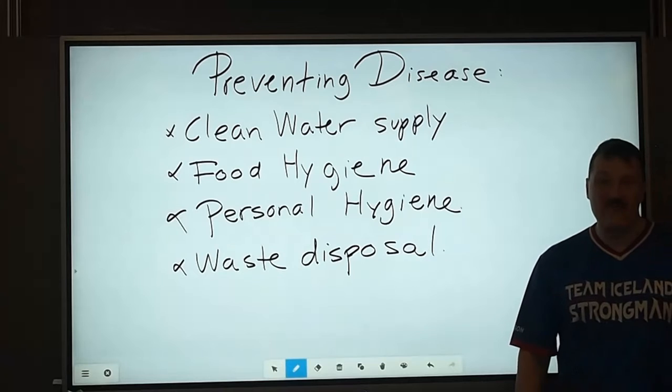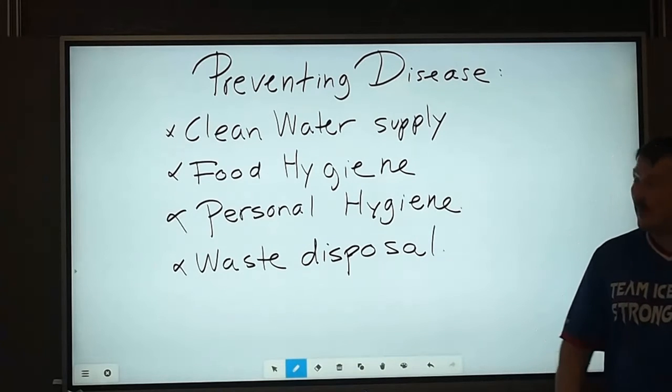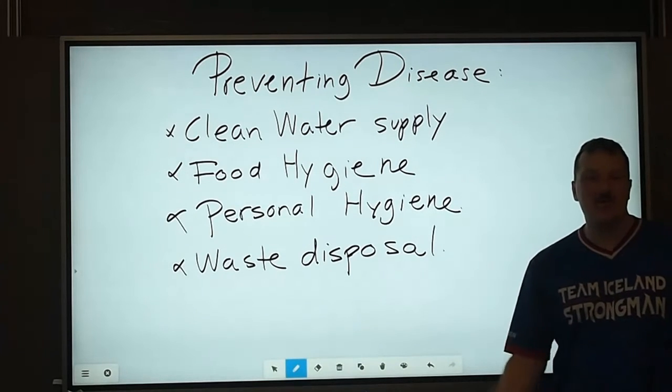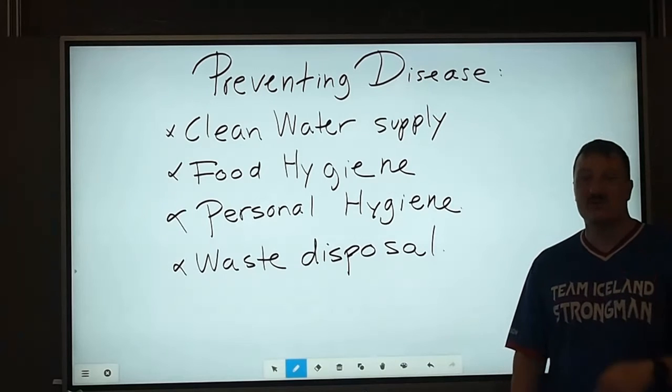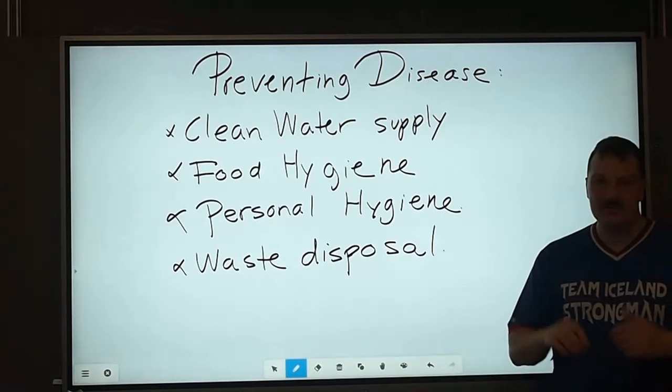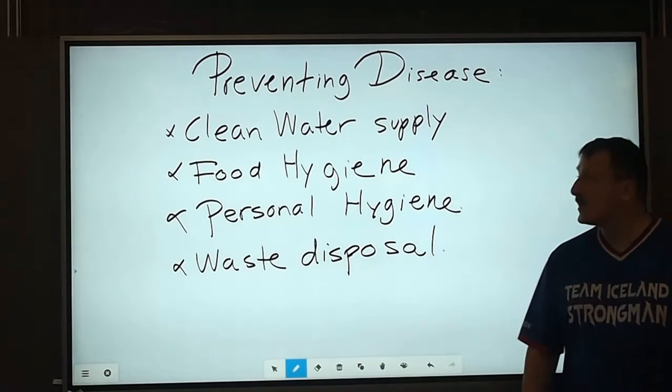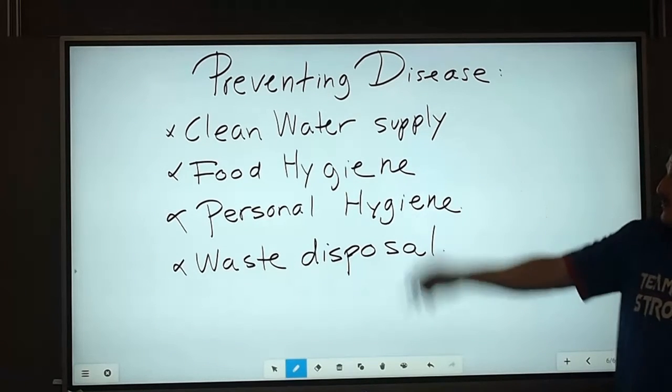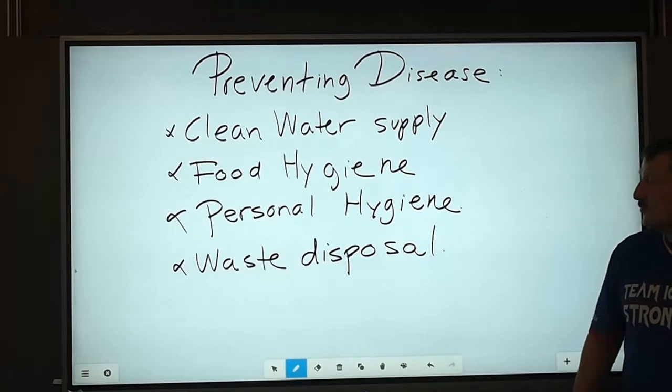How do we then prevent transmissible diseases? Well, actually, this is one of the major revolutions in human science, when we started to understand how diseases actually spread. And we know now that what's really important is clean water, food hygiene, personal hygiene, and waste disposal.